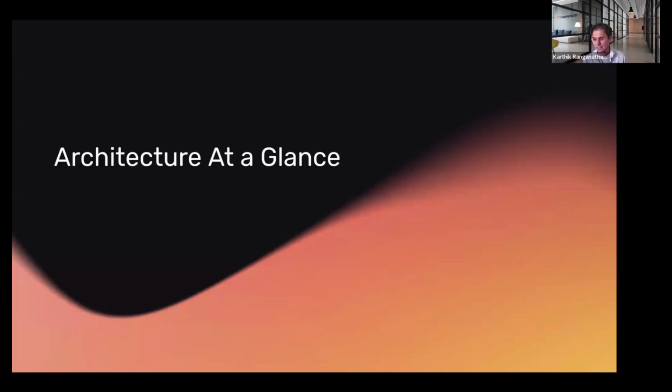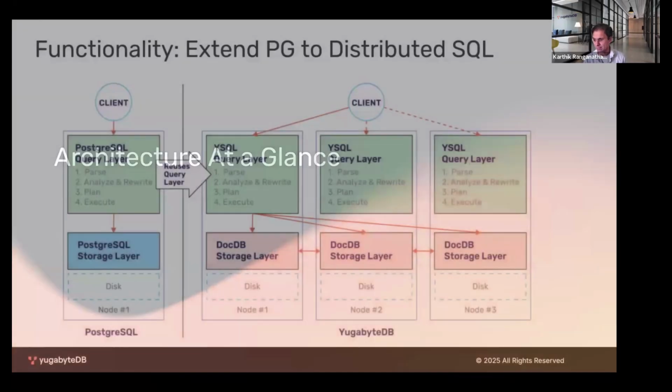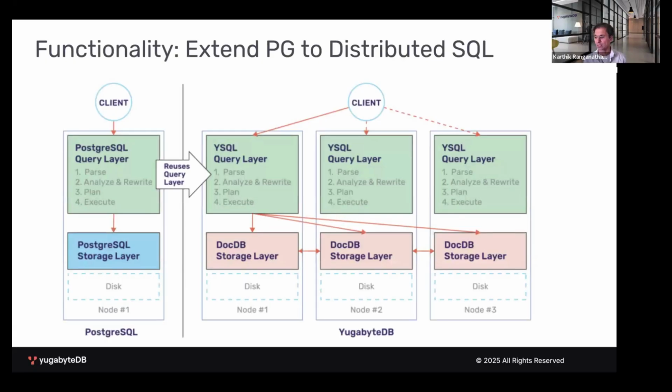Okay, so let's take a look at the architecture at a glance. At the highest level, we wanted to achieve Postgres functionality, right? So the way we did this was we took the left and moved it to the right. Left is a very high level view of what Postgres is. Think of the query processing engine of Postgres as the green box and the storage components as the blue box below.